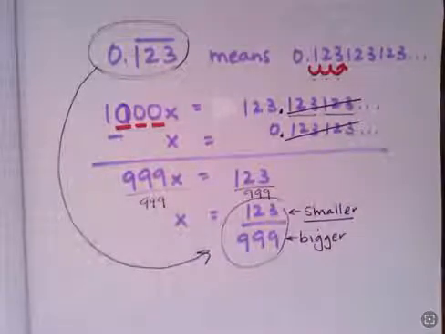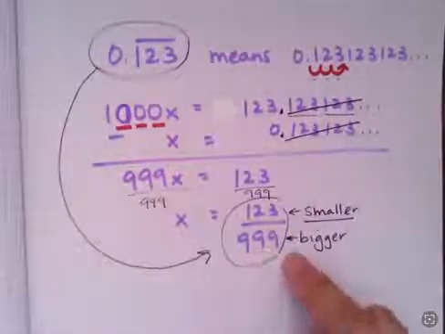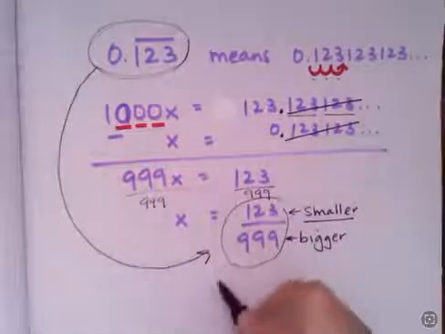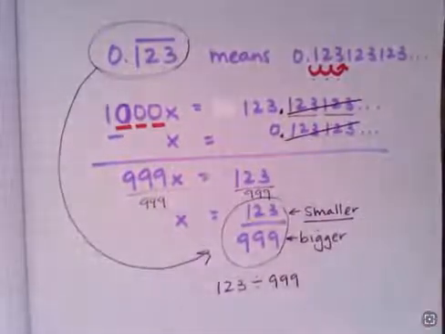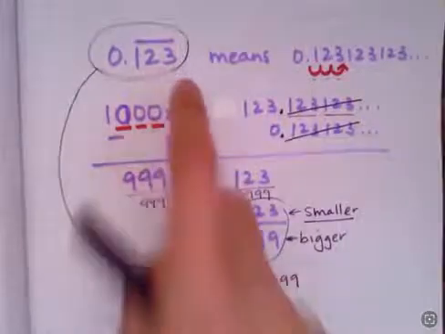Okay? Another way you can check is to take out your calculator and put that problem in. 123 999ths is really 123 divided by 999. So if you put that in your calculator to just check, you should get 0.123 repeating.